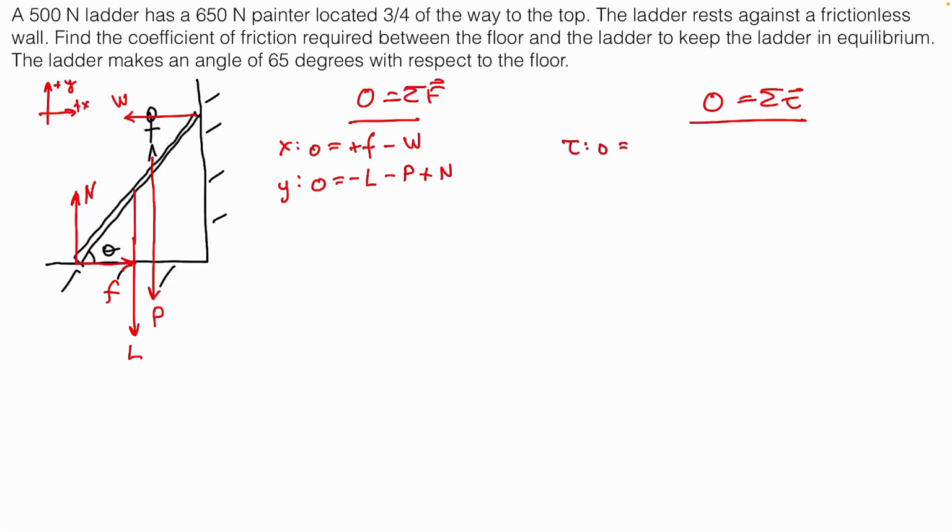So I know I'm going to put an axis where? At the floor. Why at the floor? There are two unknown forces right there, N and P. This rule of thumb makes the math simpler, because when we write down our torque equation, we want to minimize the number of unknowns in it.